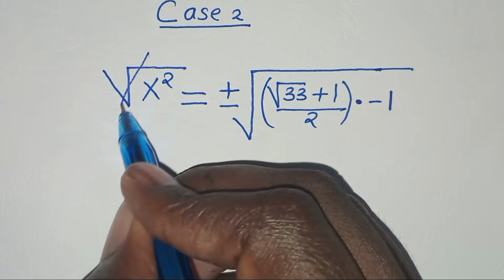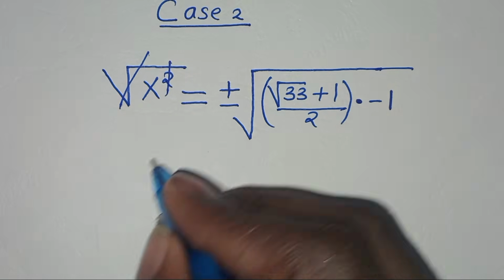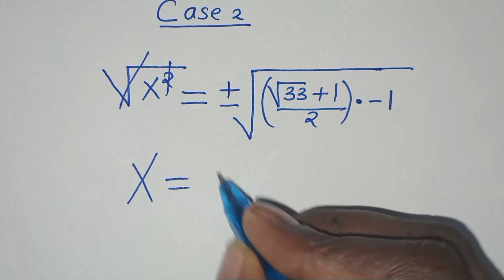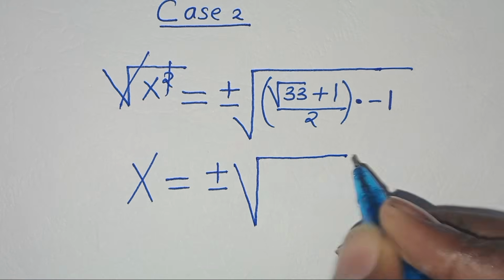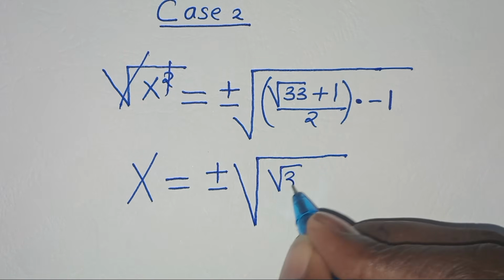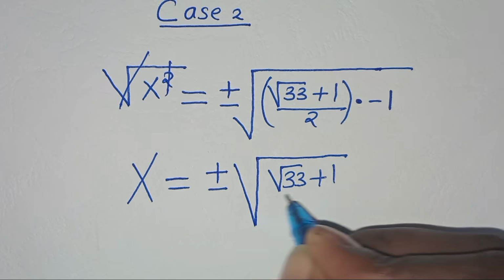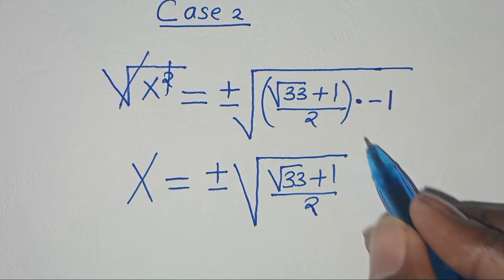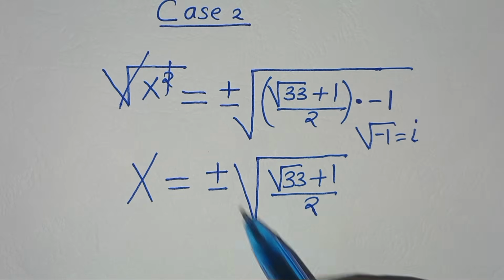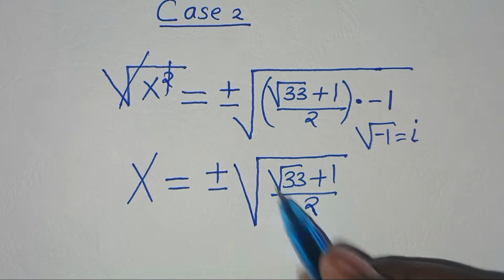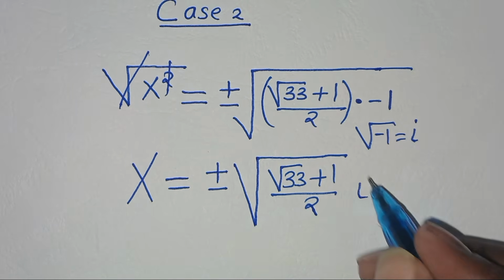Now let's eliminate the square root sign here, so that now we have x equal to plus or minus the square root of root 33 plus 1 divided by 2. Now, square root of -1 is the same thing as i. So we have plus or minus the square root of root 33 plus 1 over 2, times i.